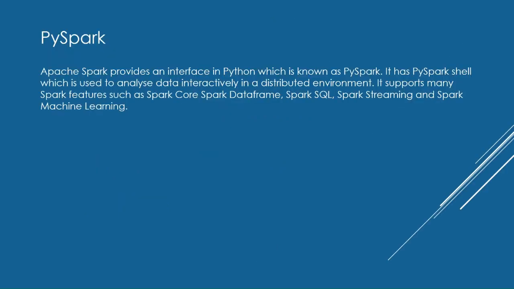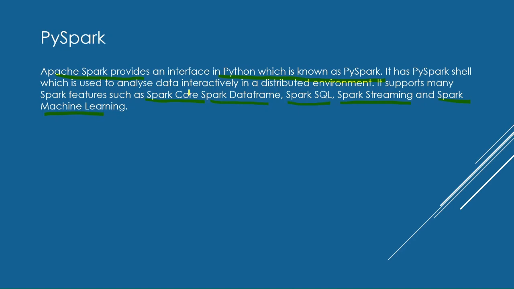So let's discuss what is PySpark. Apache Spark provides an interface in Python. This is very important, which is known as PySpark. It has a PySpark shell, which is used to analyze data interactively in a distributed environment. It supports many Spark features such as Spark Core, Spark DataFrame, Spark SQL, Spark Streaming, Spark Machine Learning.